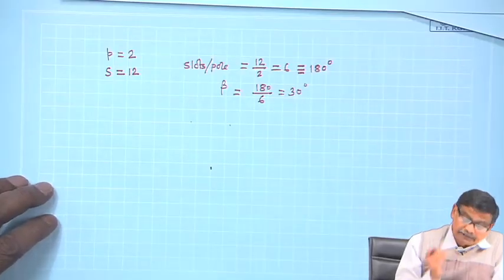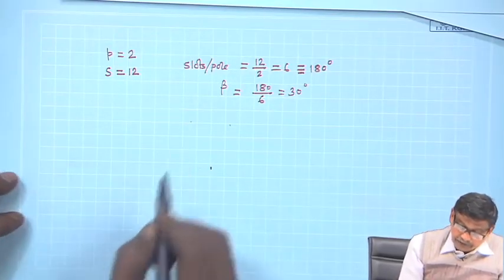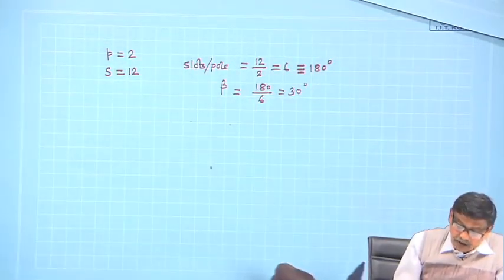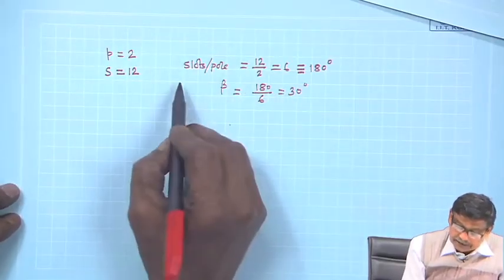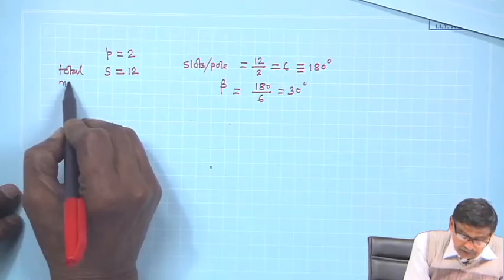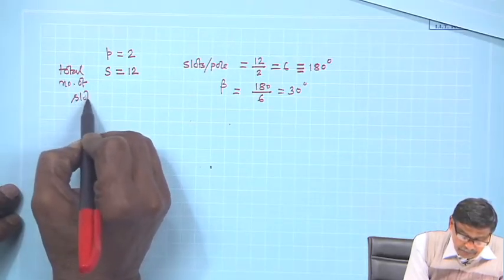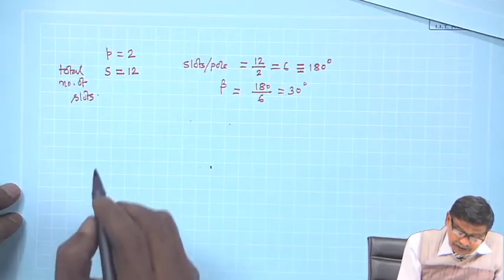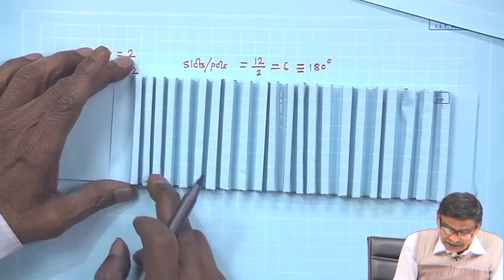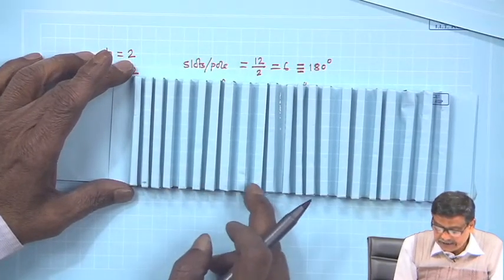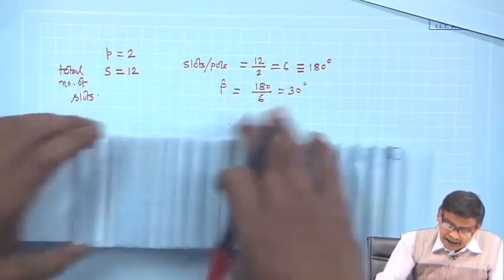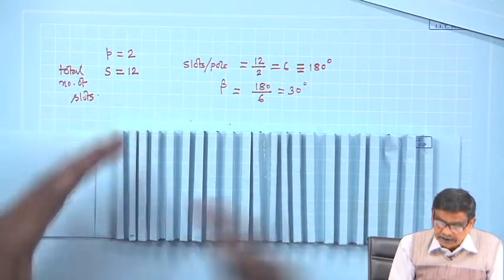Listen carefully, we will discuss this at length, the same points often, but right now, suppose this is the total number of slots, and the slots are numbered 1, 2, 3, 4, 5, 6, 7, 8, 9, 10, 11, 12, and this is of course circular, and after 12 once again 1, 2, 3, 4 in the developed diagram.